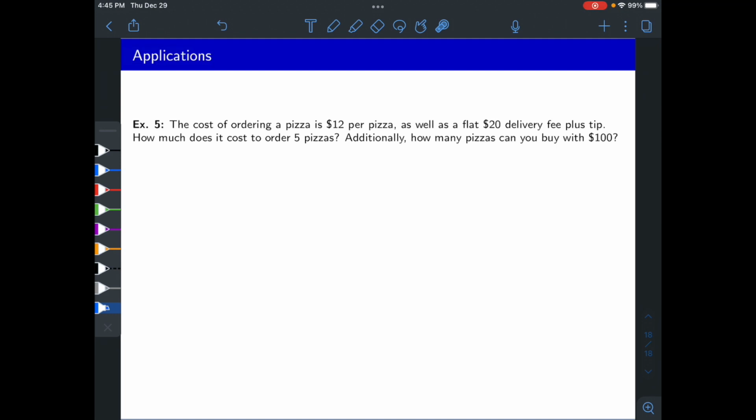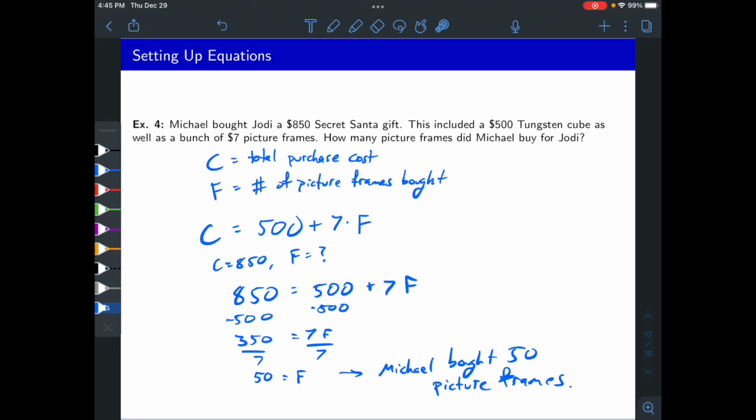So I'll briefly say, you don't technically always need to set up an equation just to solve these problems. You could just go right ahead sometimes and say, well, you have $850 is equal to 500 plus 7 times the number of picture frames.